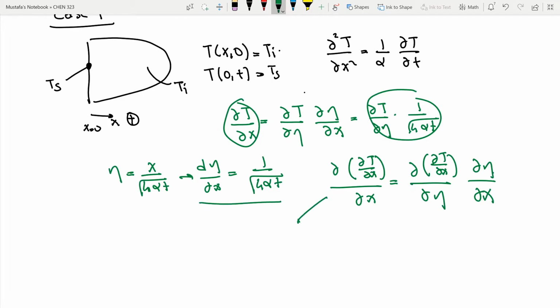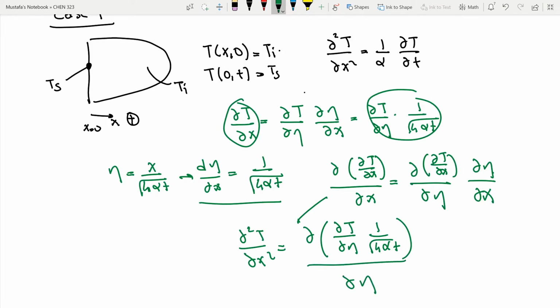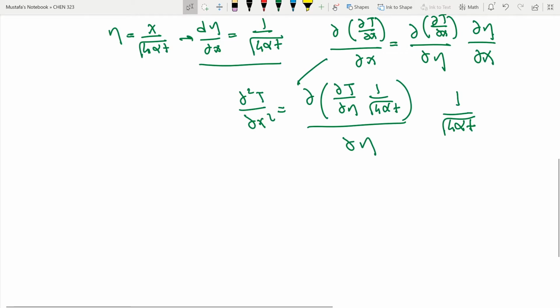So this term d squared T by dx squared is equal to d of dT by d eta times 1 over 4 square root of alpha t, by d eta, times d eta by dx, which is 1 over 4 square root of alpha t. Now t is constant with respect to eta, and that means I can pull this term outside the derivative and combine these two terms.